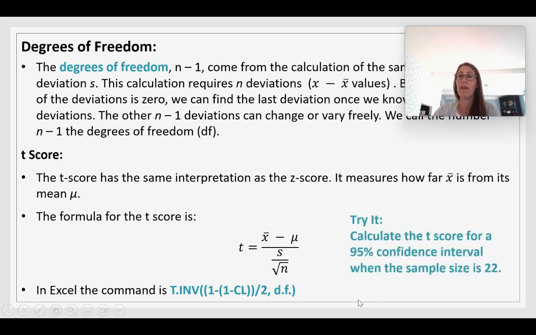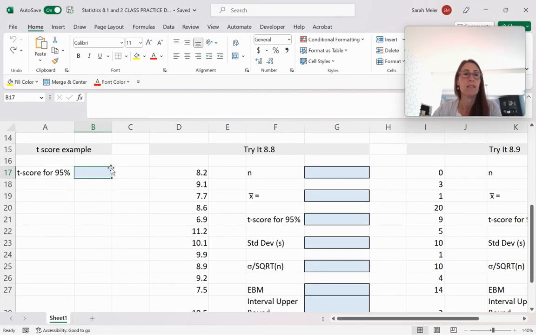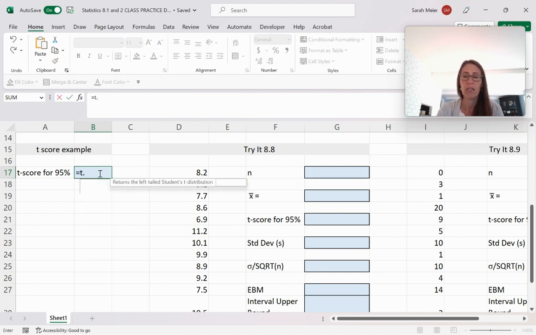In Canvas, there's an Excel sheet, so we're going to pop over to that and calculate this t-score. We're going to do t.inv, the probability. We're looking for the t-score for the 95th percentile. So 1 minus 0.05 divided by 2.